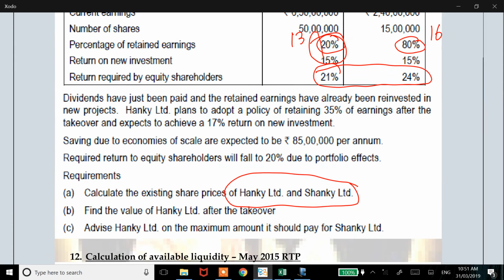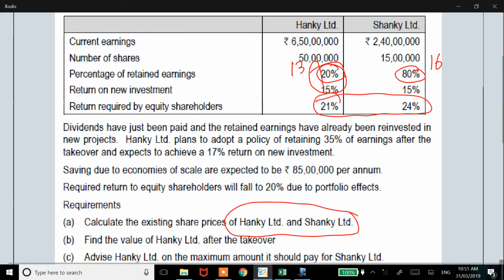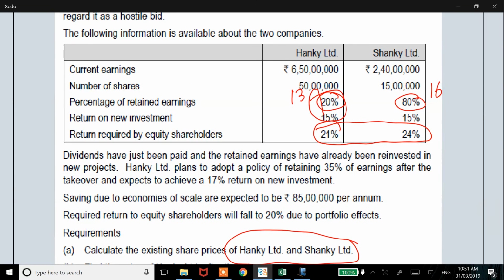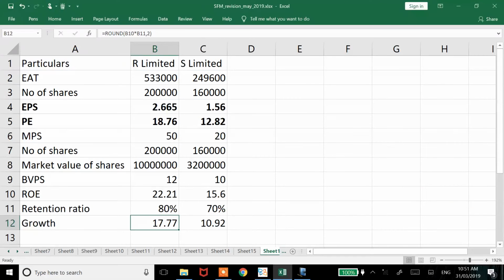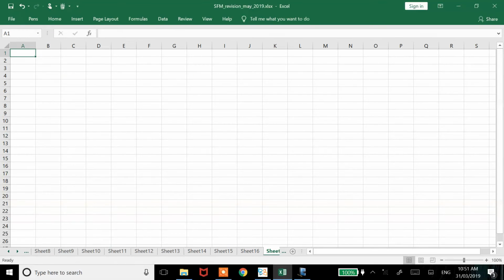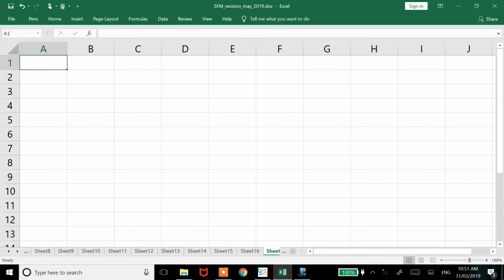Working note 1, computation of share price. Analysis of Hankey Limited, or we'll do it together itself, particulars in 2 columns.